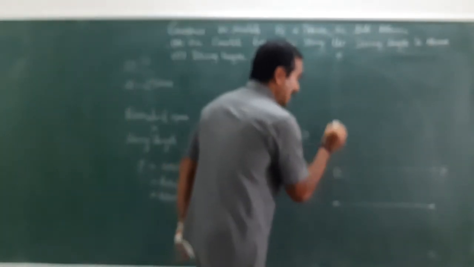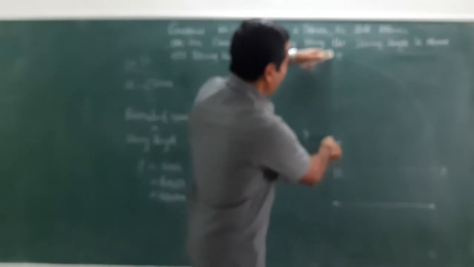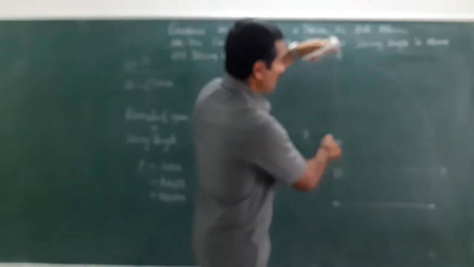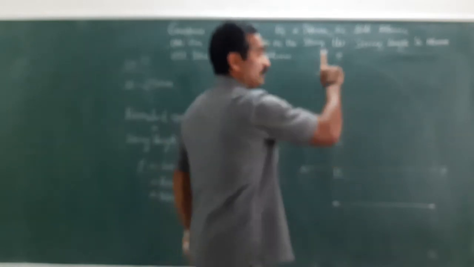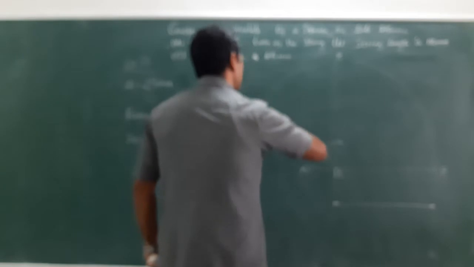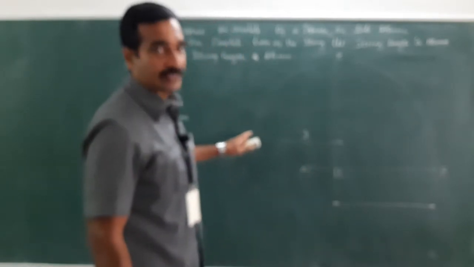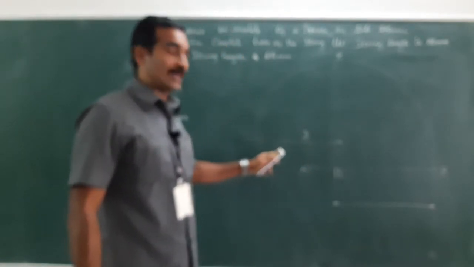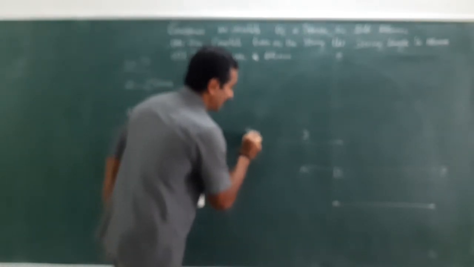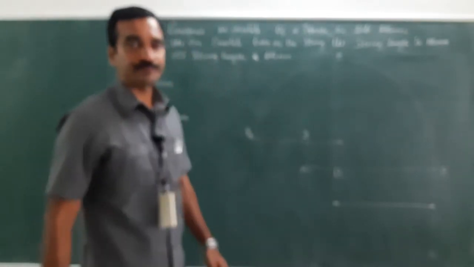Now, with C as center and CP1 as radius, measure CP1 in the compass and make an arc till it intersects the line extended from D. This point is P2.